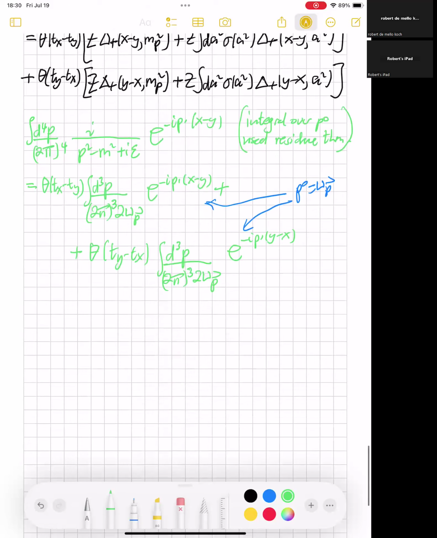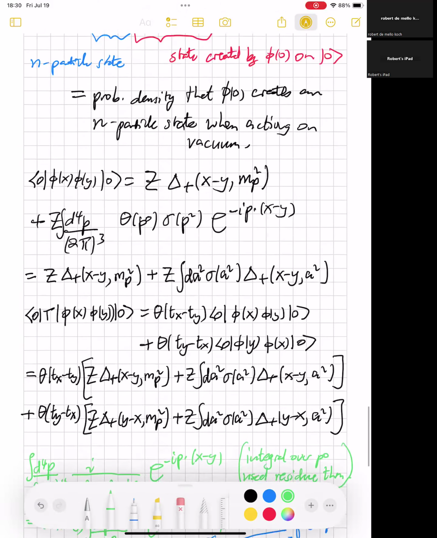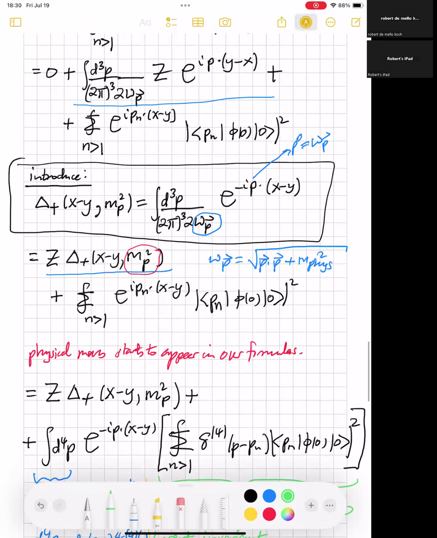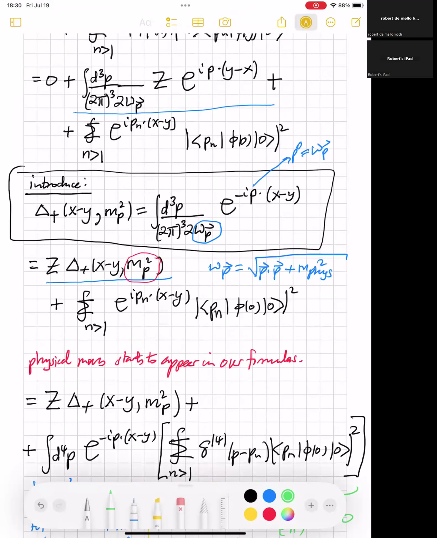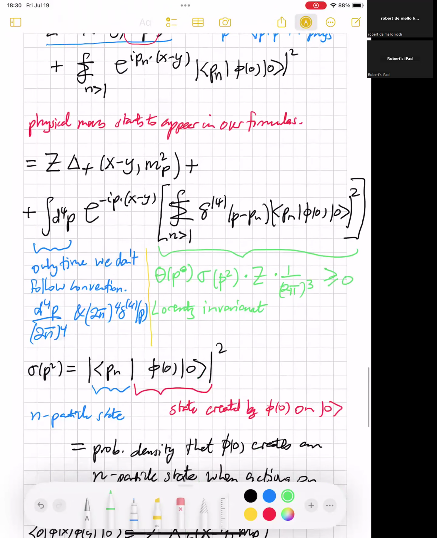That was the result we obtained. Well, in the language that we have been using, what are these functions multiplying the theta functions? If you look back, this is nothing but Δ_+, the integral d³p over (2π)³ 2ω_p e^{-ip·(x−y)}.